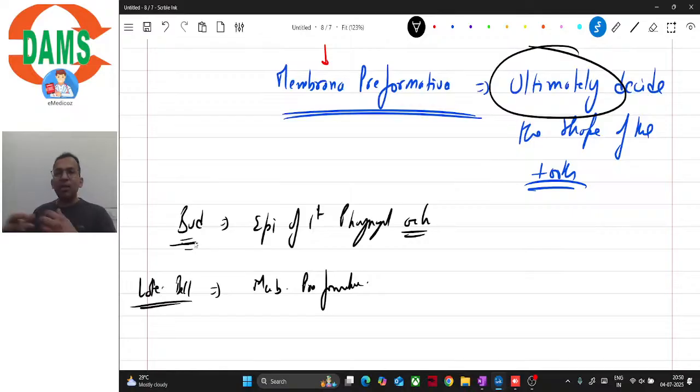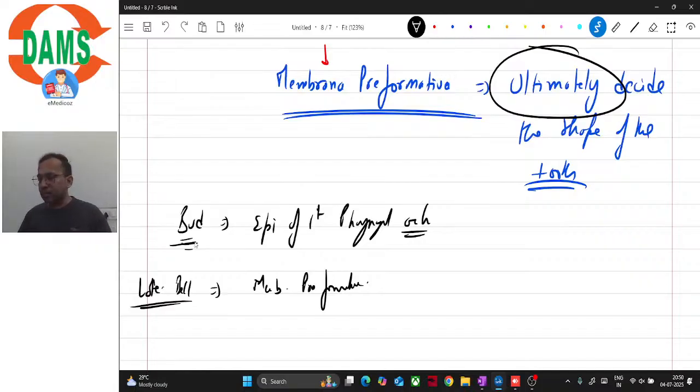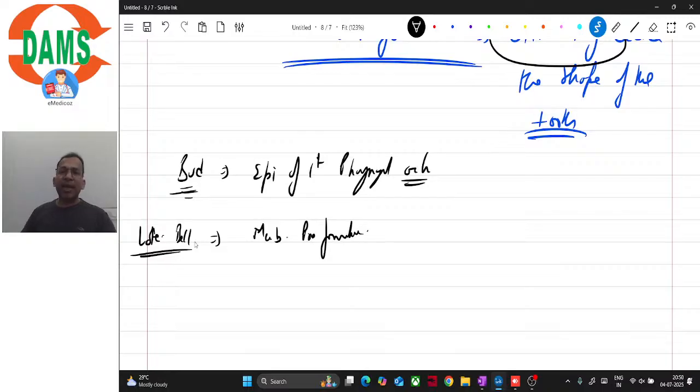So depending on the stage, we will choose our answer. If it is the bud stage, then it is the epithelium of the primary first pharyngeal arch. If it is the late bell stage, then it is the membrana preformativa, right? So don't go on saying that it is the membrana preformativa which will decide the shape of the tooth. It depends on the stage.